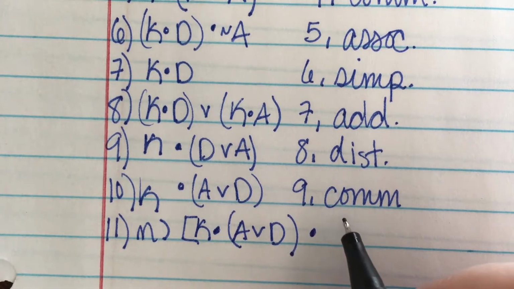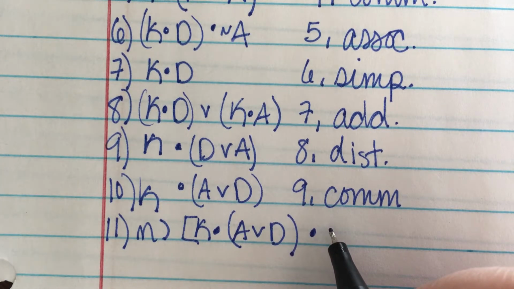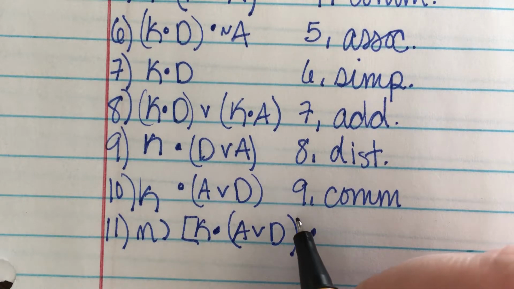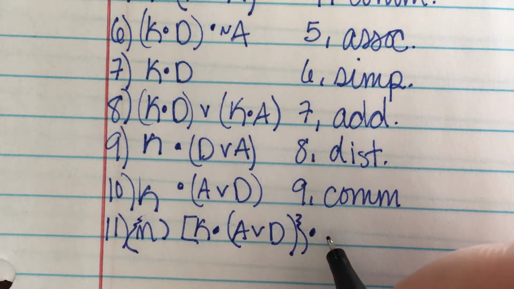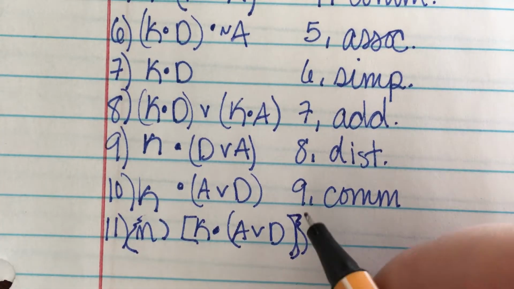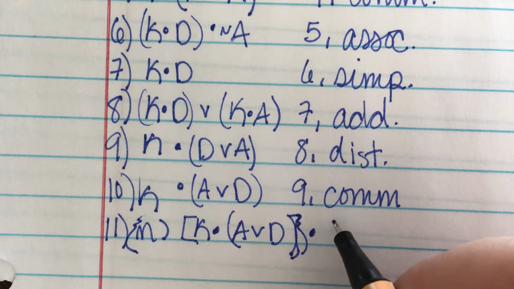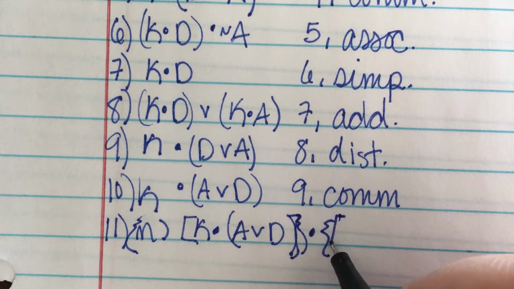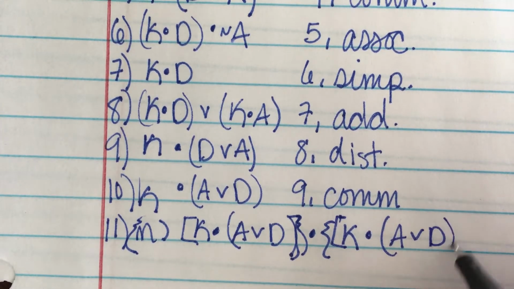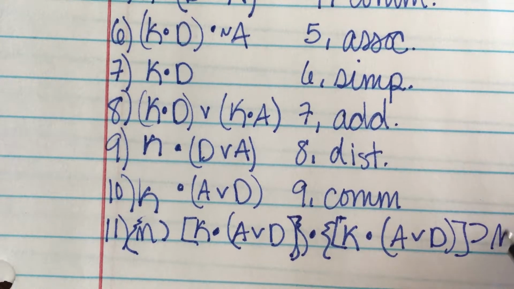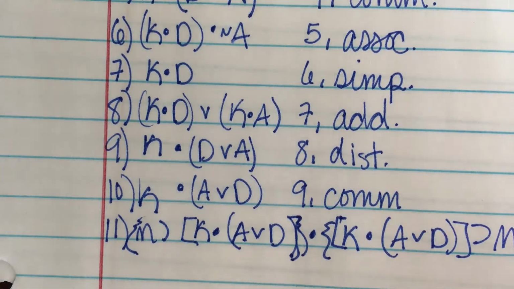and, hold on, I think I need this. Okay, then K and A or D, then M. That's the old rule of equivalence.